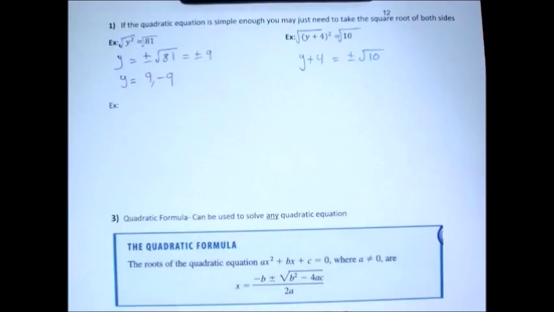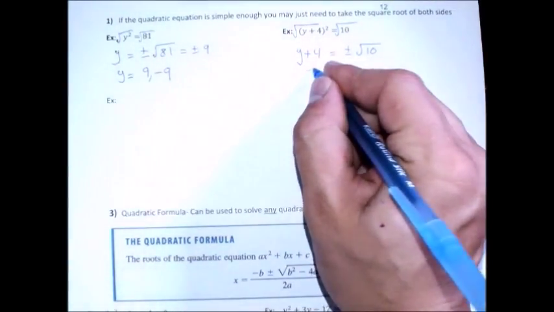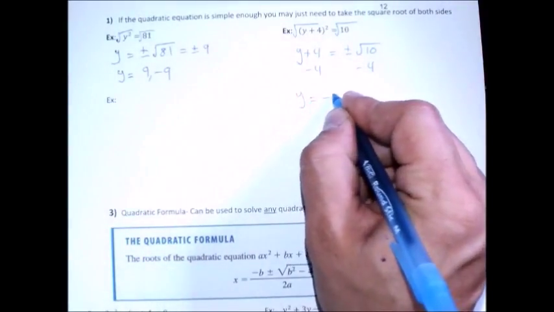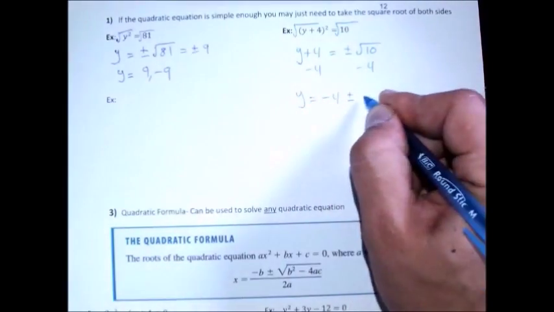But we do get two answers there. Now, we're not quite done because we don't know what y is. We know what y plus 4 is. y plus 4 is plus or minus square root of 10, but we want to know what y is, right? And so let's isolate y by subtracting the 4. And so we get y equals minus 4 plus or minus square root of 10.